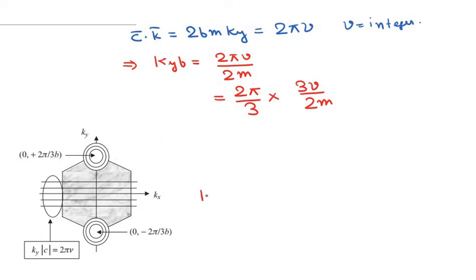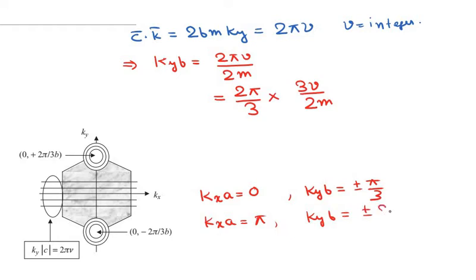These are kxa equal to 0 and kyb equal to plus minus pi by 3, kxa equal to pi, kyb equal to plus minus 2 pi by 3, and kxa equal to minus pi, kyb equal to plus minus 2 pi by 3.